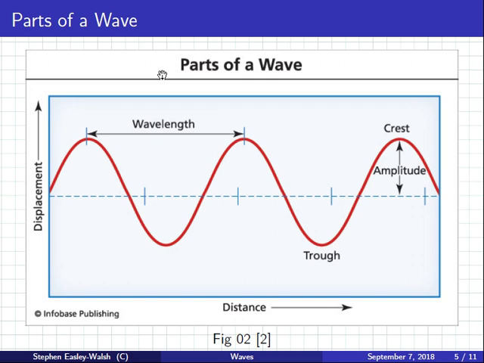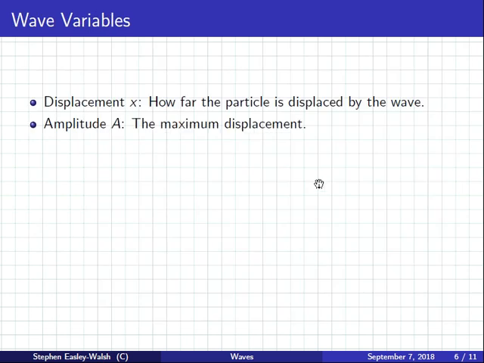Right, now, some vocabulary. So, when we have a wave, we call the lowest point the trough. We call the highest point the crest. We call the distance from the middle to the crest the amplitude. And the distance from crest to crest is called the wavelength. Or trough to trough is also the wavelength.